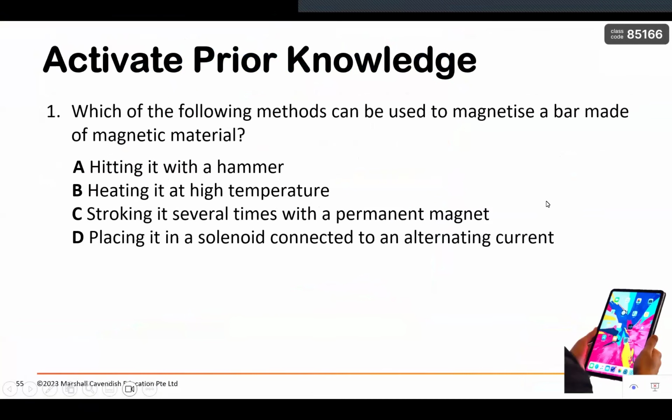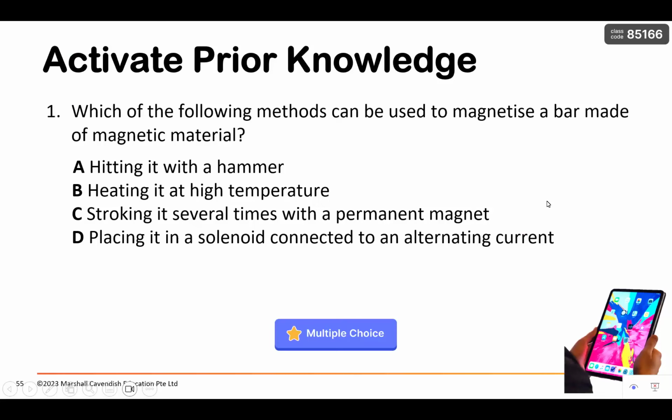Okay, so before we start, you may pause the video to think about some of these questions. I'm going to go through the answers now. Which of the following methods can be used to magnetize a bar made of a magnetic material? The answer will be C, because A, B, and D are methods of demagnetization.